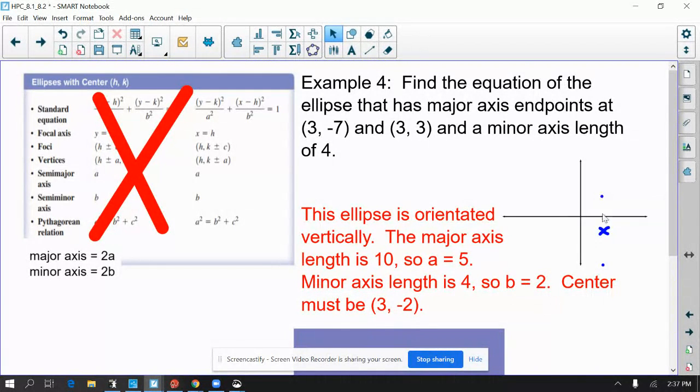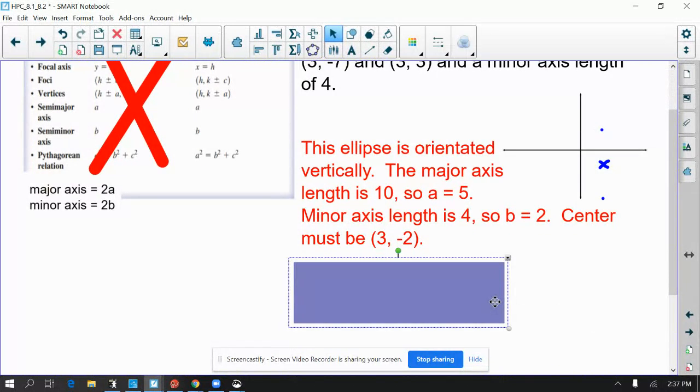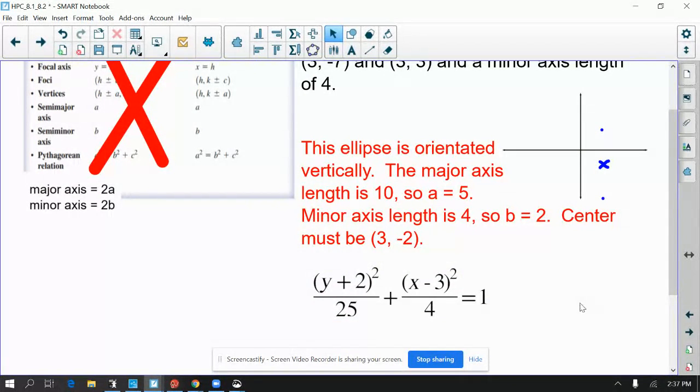The major axis is 10, so that tells me that A is 5, and if A is 5, then 25 is going underneath here. The minor axis is 4, so that means 2 to the left, 2 to the right. So that means B is 2, which means B squared is 4. So 4 is going to go under here. And we can jump right to the end.